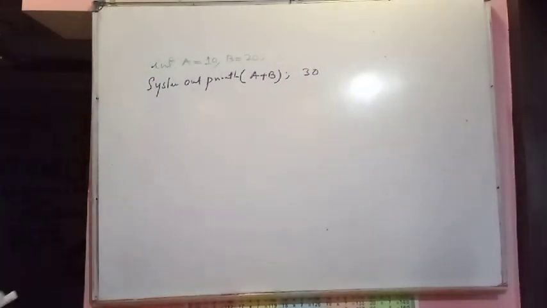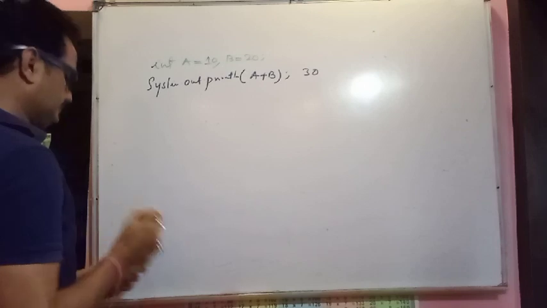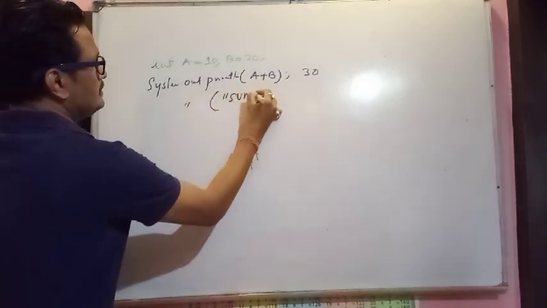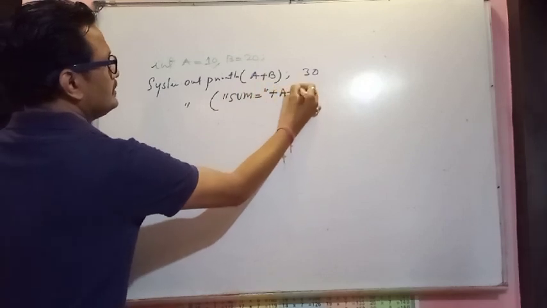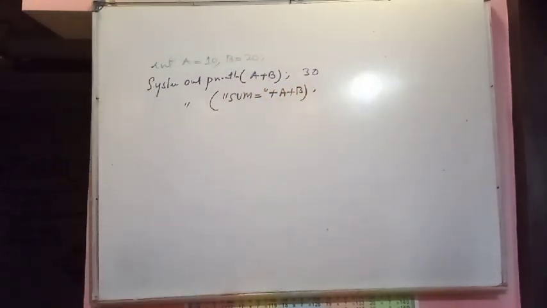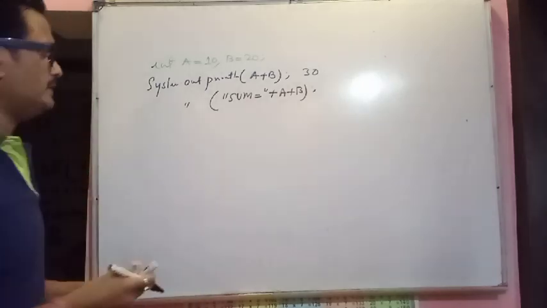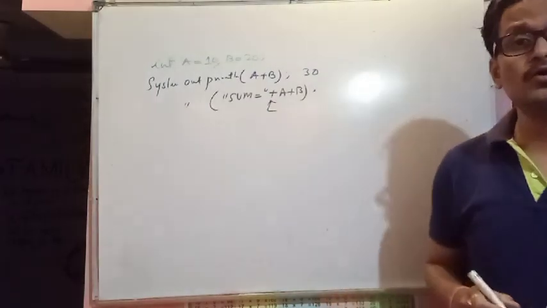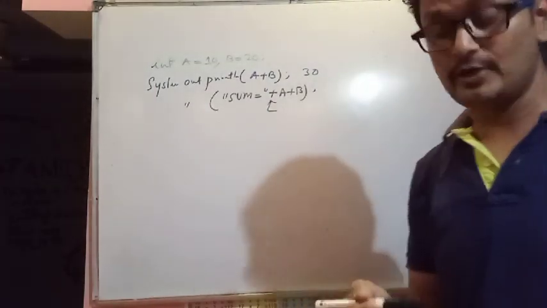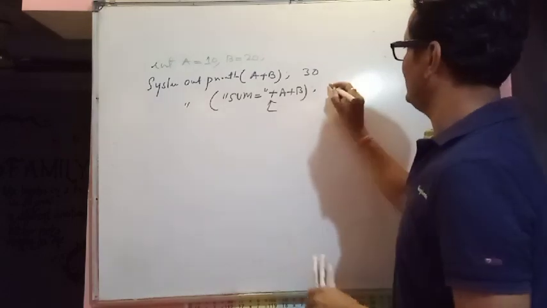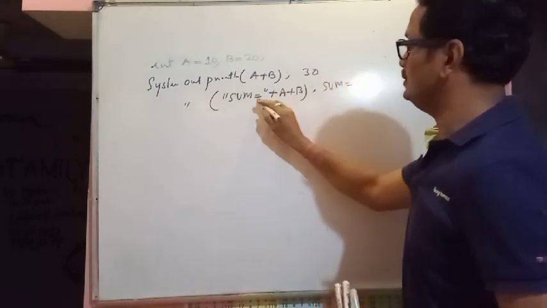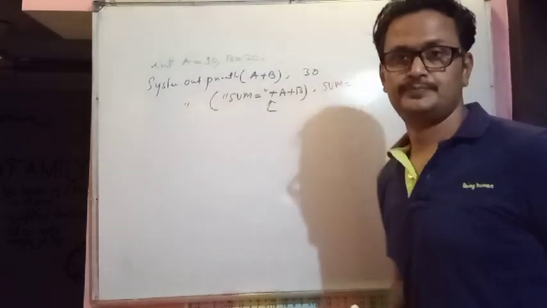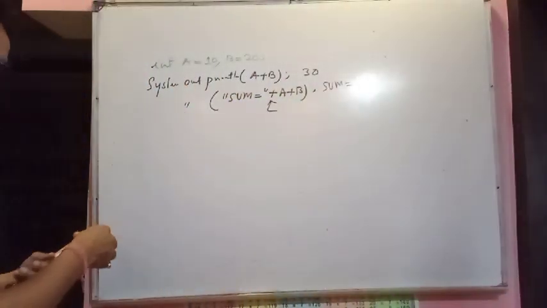Children, if you write System.out.println("sum = " + a + b), this is very important. Here the plus will work like a concatenation. It will concatenate, not add. Your answer will be sum = then the value of a and the value of b, that is 1020.